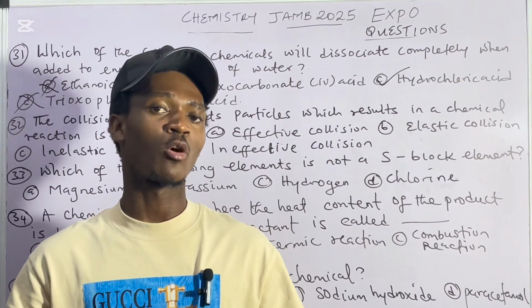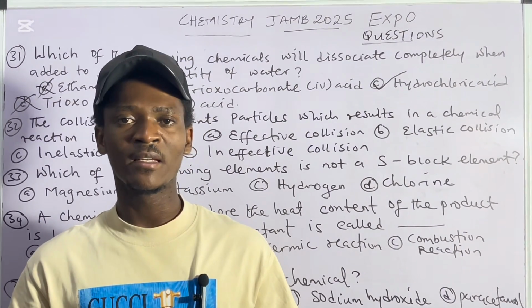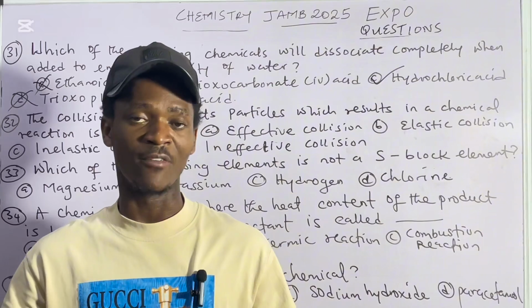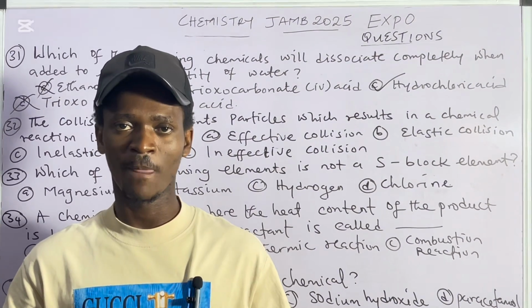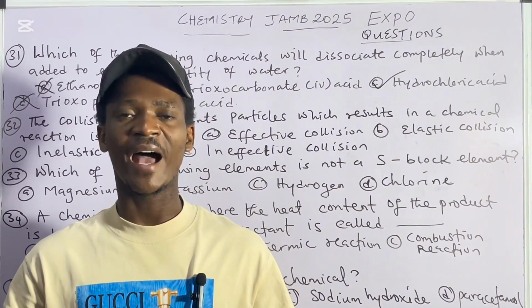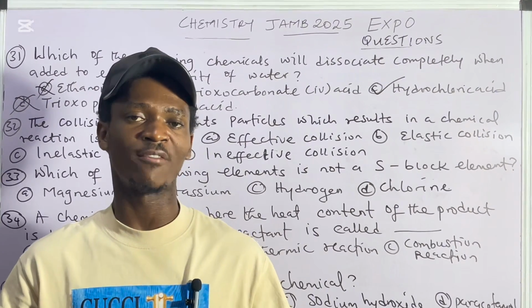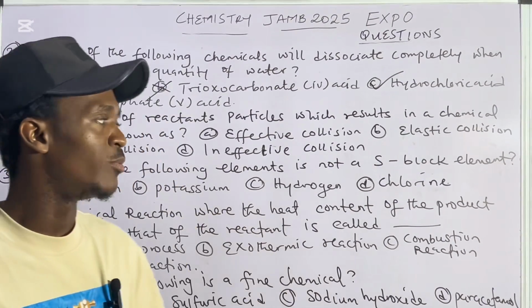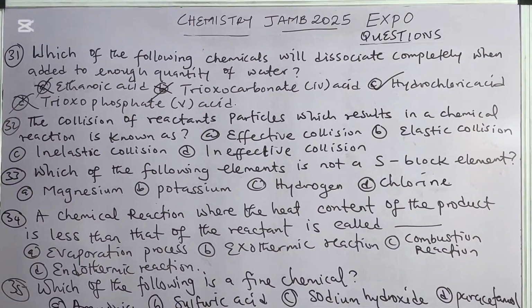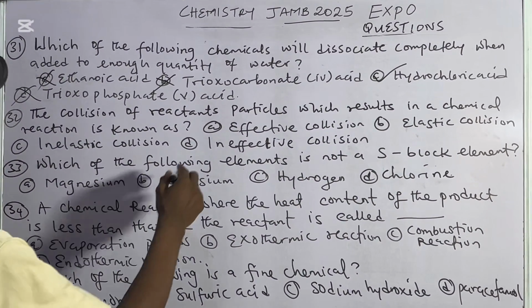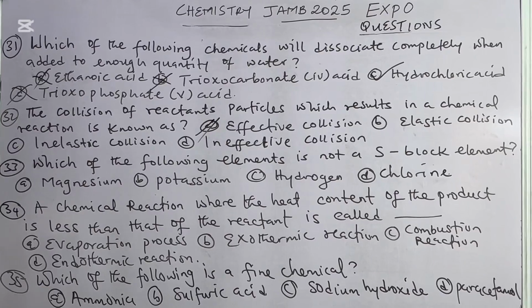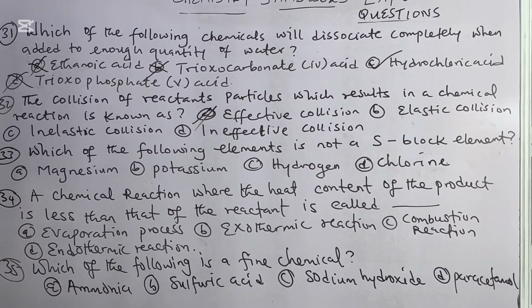So only effective collisions result in chemical reactions, meaning the collisions that align and also have enough activation energy to proceed with a chemical reaction. So the correct option there is option A. Only effective collision can result in chemical reactions.